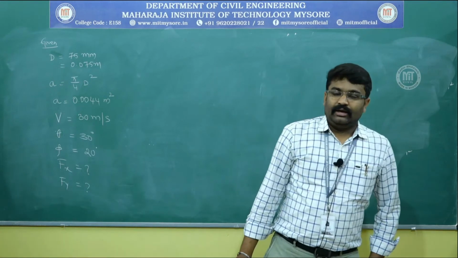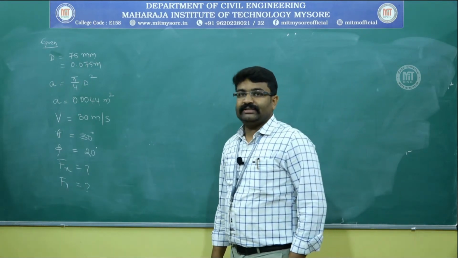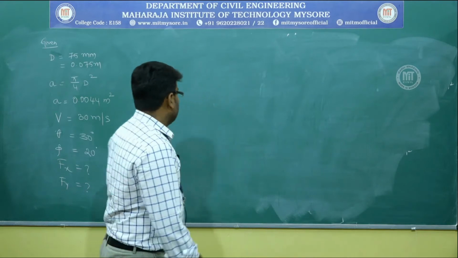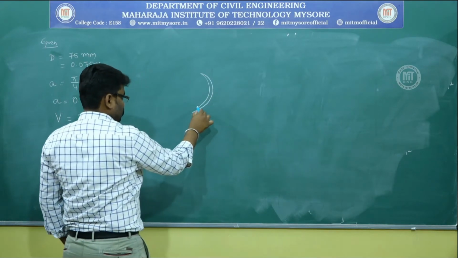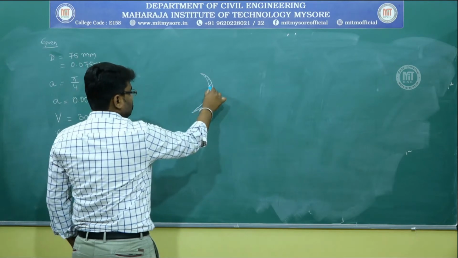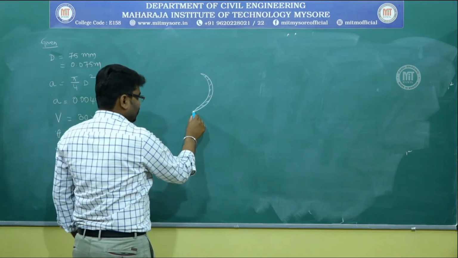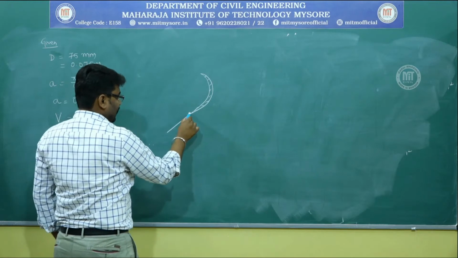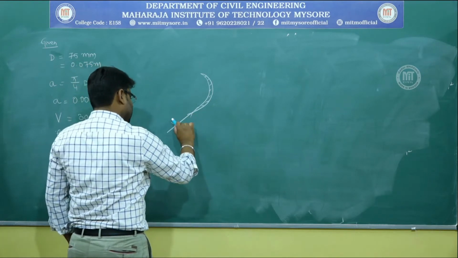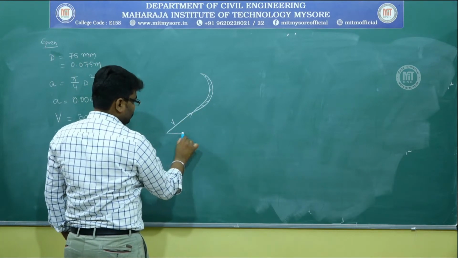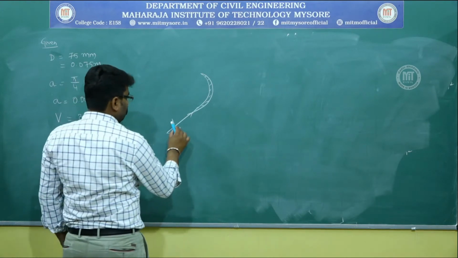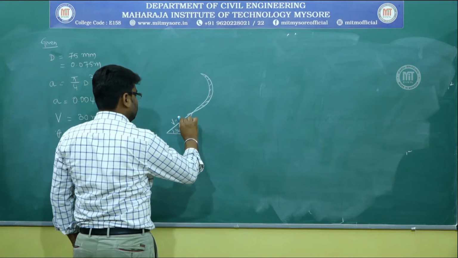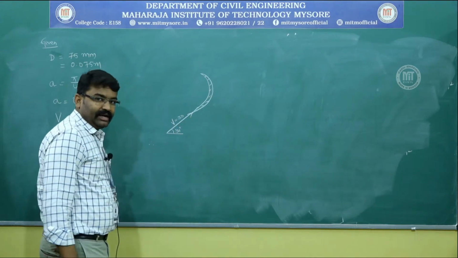So, a clear diagram would help you understand this in a better way. So, I will draw an unsymmetrical curved vane. At the entrance, the angle made by the velocity component is 30 degrees. So, velocity at the entrance is 30 meter per second.